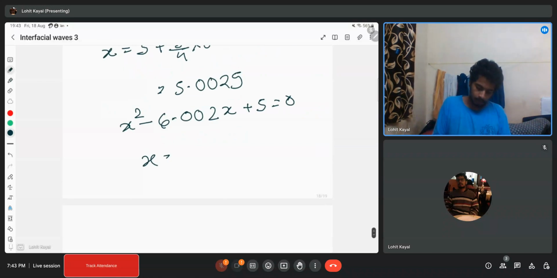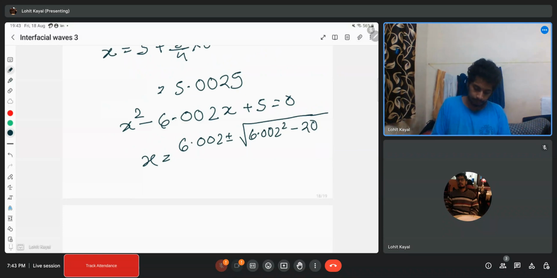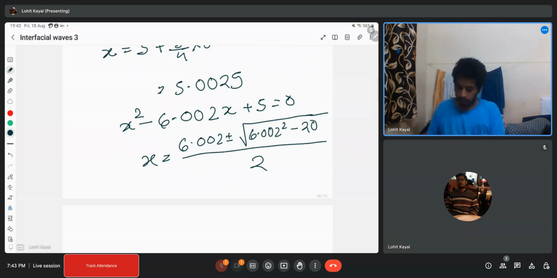So x equal to minus b, that is 6.002, plus minus the square root of 6.002 whole square minus 20, divided by 2. Let me calculate it. 6.002 square minus 20.